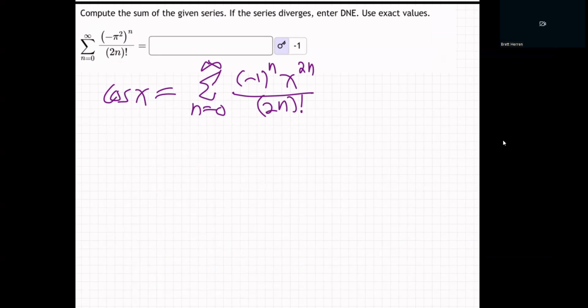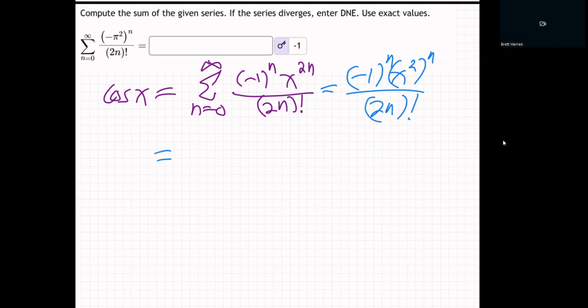So what we could do is clean that up. This is negative 1 to the n times x squared to the n, because 2 times n is 2n, over, of course, 2n factorial.